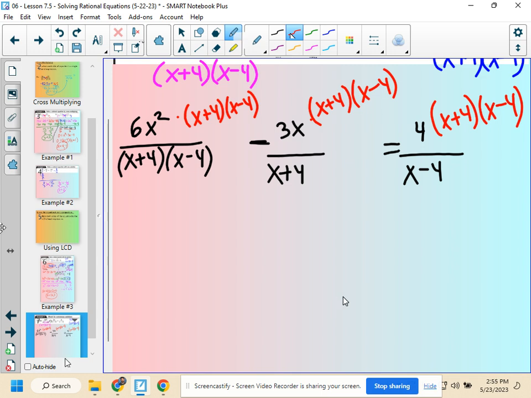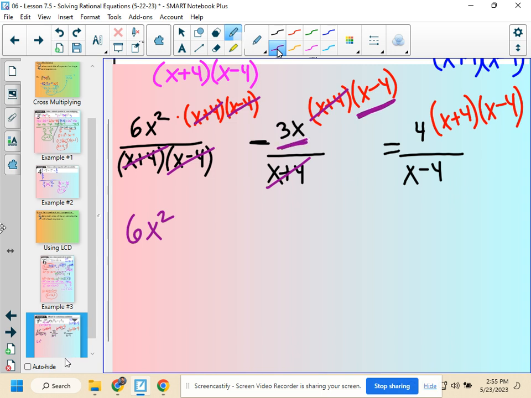Okay, I'm going to start on the left here and just work it left to right. So what happens? Plus 4, minus 4, minus 4. Awesome. This leaves us a 6x squared just hanging out by itself. Next one. The plus 4s are going to drop out, but I still have to multiply this x minus 4 with this negative 3x.